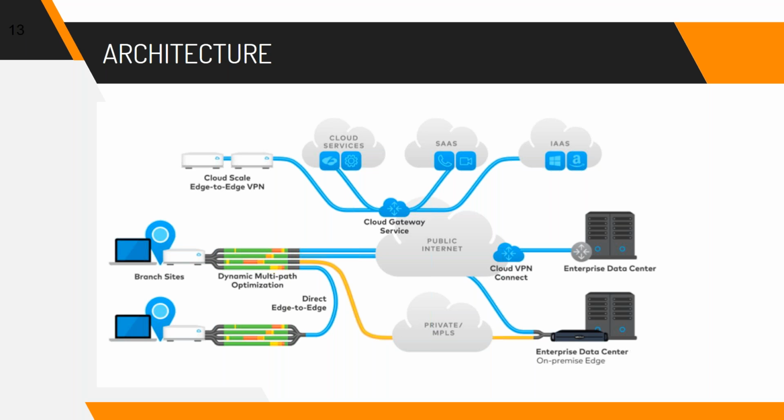The beauty here is if you have an MPLS that's already in place, we don't need to change that private network at all. We can add to it, giving us less expensive bandwidth, potential higher speeds, and the ability to pull the internet together with our private network and have optimized traffic both over the MPLS and over the public internet.